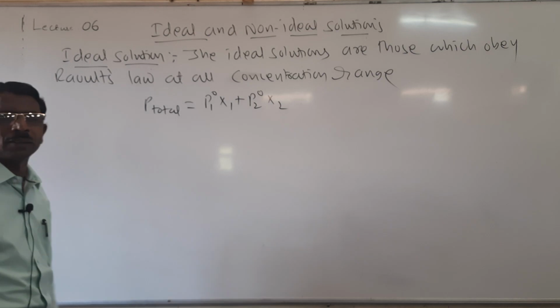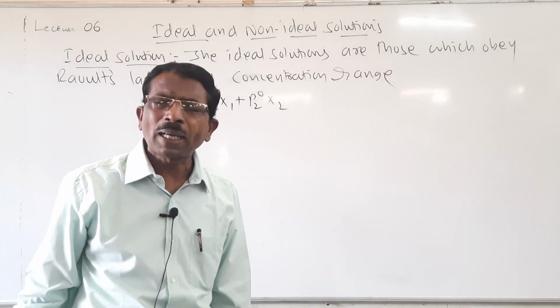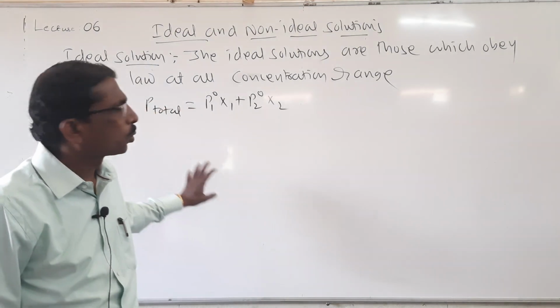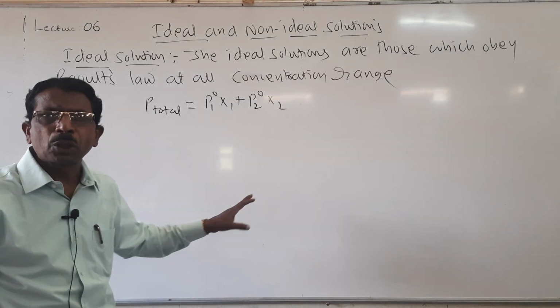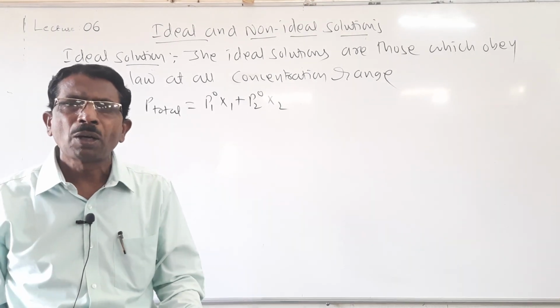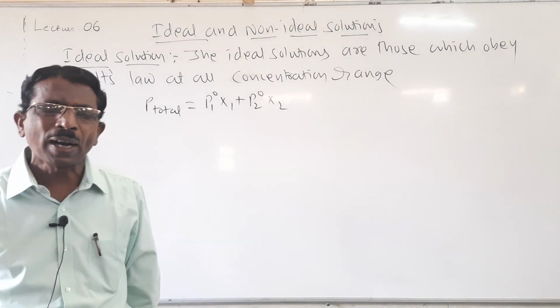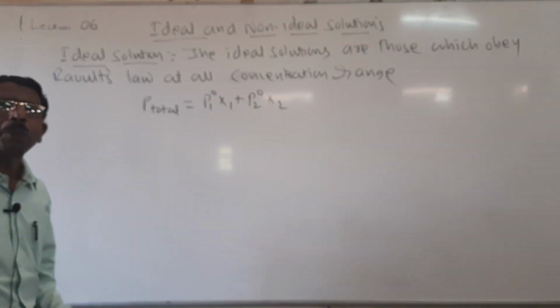And students, here why these are called as ideal solutions, and what happens to the ideal solution when the two solutions are mixed, that is liquid solutions. One may be considered as solute and another may be considered as a solvent. So, what happens? So, here what are the properties?